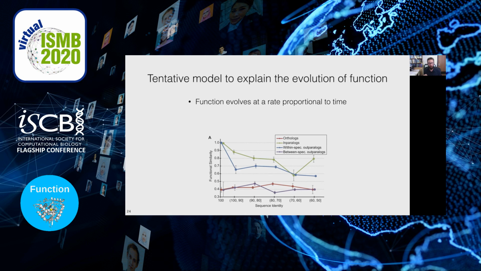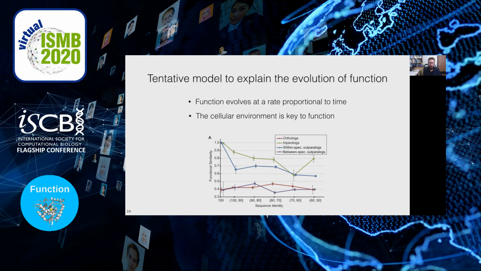The relationship between functional similarity and sequence similarity is flat. And that's because all of the orthologs are exactly the same age. They have exactly the same amount of time back to their most recent common ancestor, no matter what the sequence identity is. It also explains why the paralogs do go down with age, and that the functional similarity goes down with age, and that's because paralogs can have duplicated at many different times in the past.